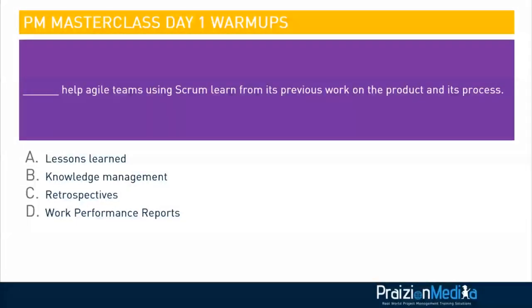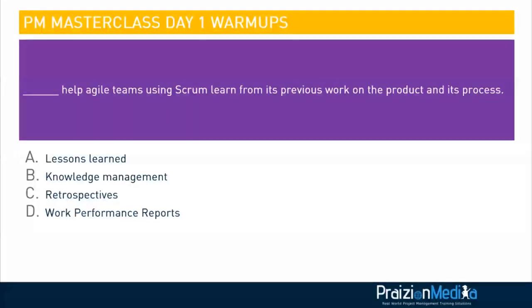Dash, help Agile teams using Scrum learn from its previous work on the product and its process. Is it A, lessons learned? Is it B, knowledge management? Is it C, retrospectives?